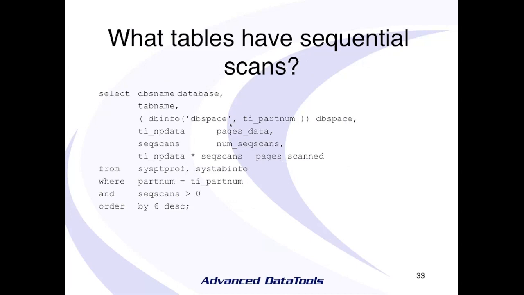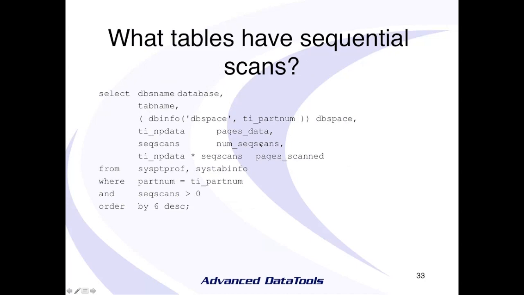Now, this is another new one. I had one previously on table scans. This goes out and calculates how many scans happened on a table. But what's really more important, because a small table that has maybe 2 pages should be scanned.